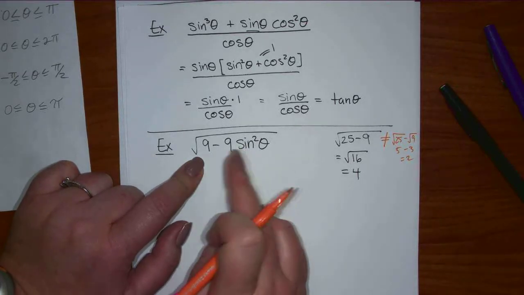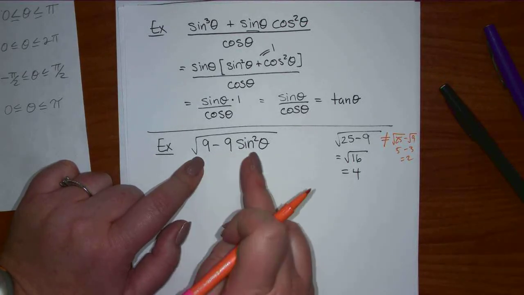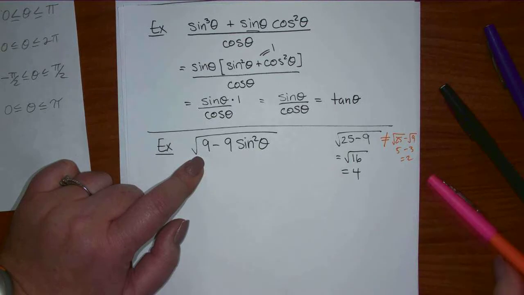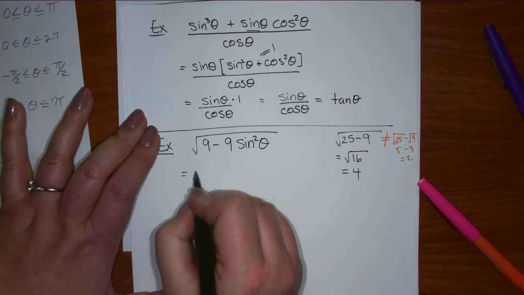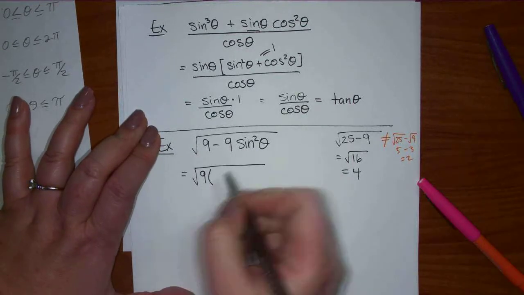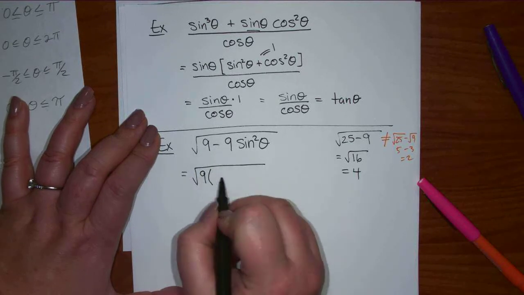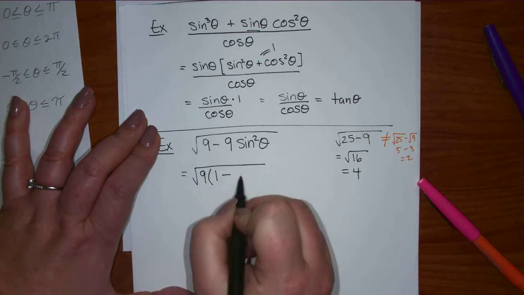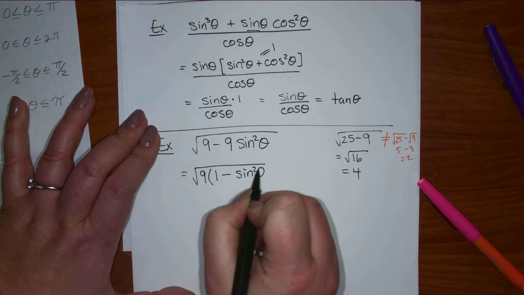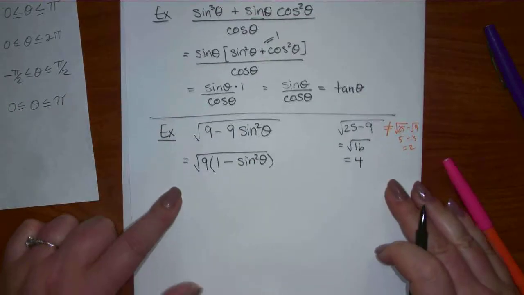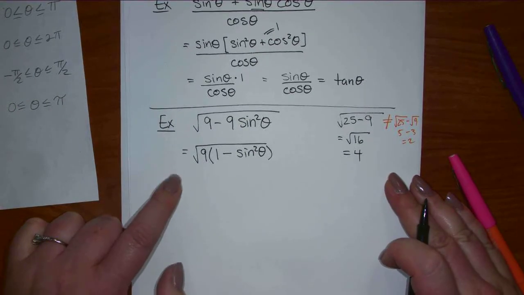What we could do, though, because both terms have a 9, is we could factor out the 9. So this would be 9. If we take a 9, divide 9 by 9, 1. Divide 9 by this, we get sine squared. Now, we could split up the square root because there is a multiply in here.